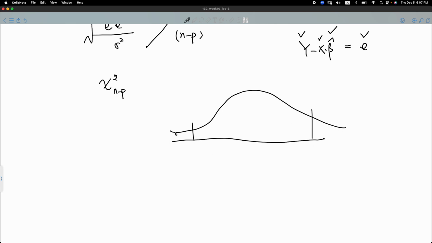Basically, you have the two-sided test, and that will serve as your p-value for beta i not equal to 0. And then from there, you have the statistical power to claim whether you reject or not reject the null hypothesis.